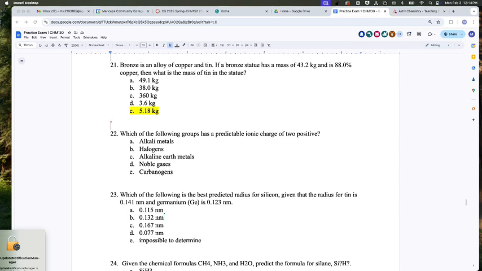Just like we did with our kilograms of copper and bronze, what else could we do? 12 kilograms of tin and 100 kilograms of bronze. Yeah?